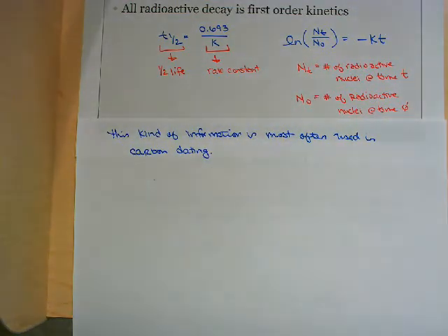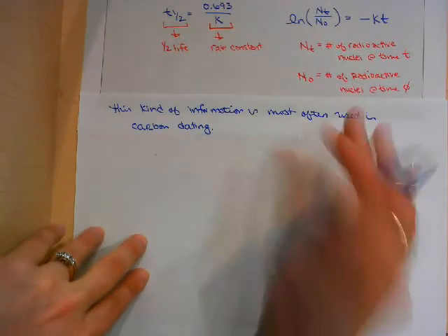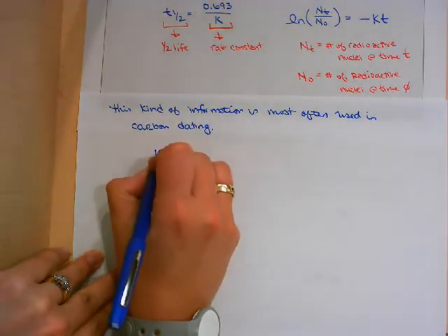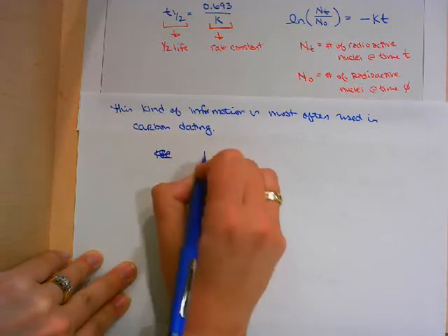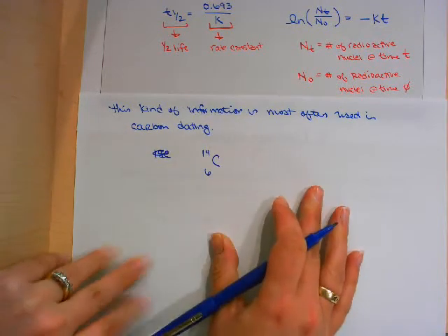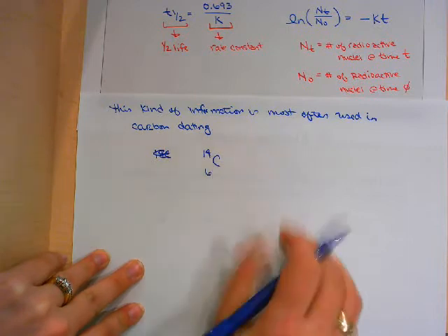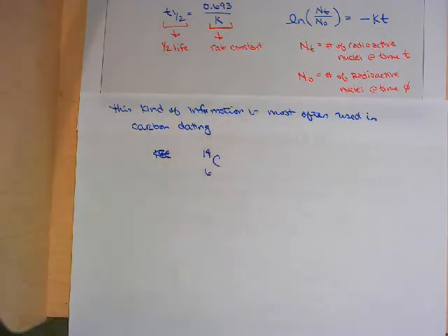Everybody's probably heard, way back in elementary school, oh, we know how old this bone from a dinosaur is based on carbon dating. So what does that mean in terms of radioactive decay? What is typically the mass of carbon? 12.